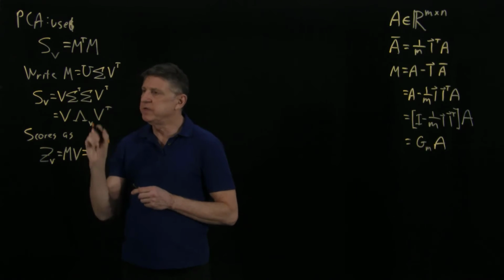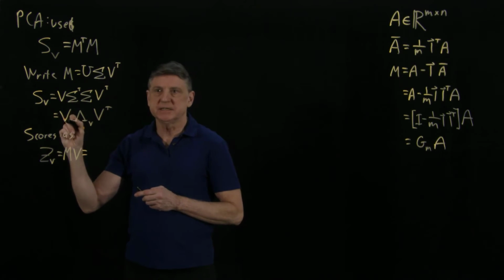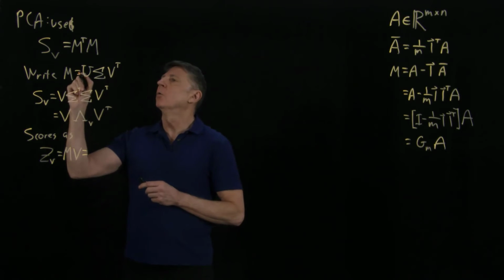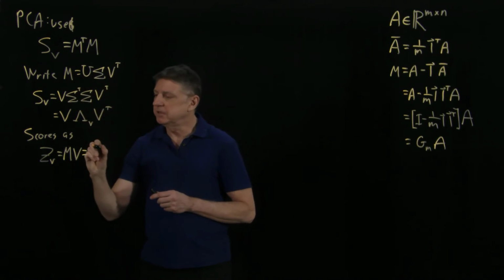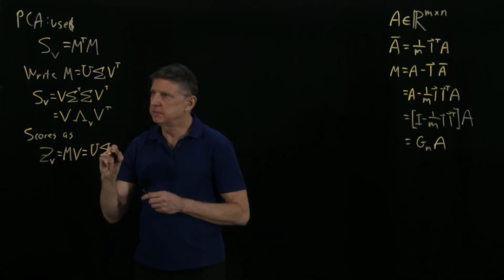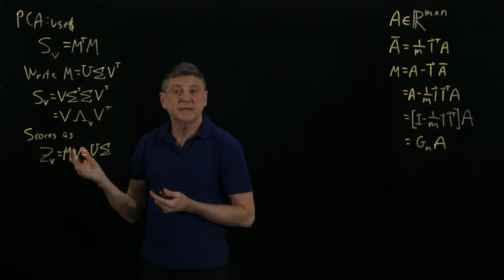But now if we compute, if the scatter style matrix is this, then when we do M times V, what we get is U times sigma times V transpose times V, which is the identity.